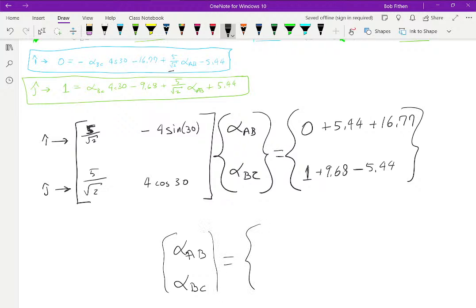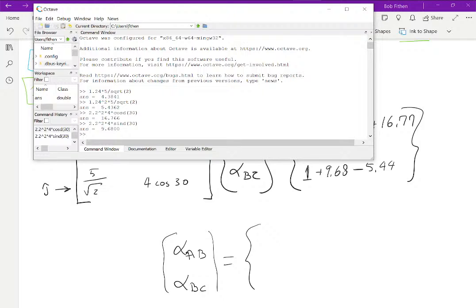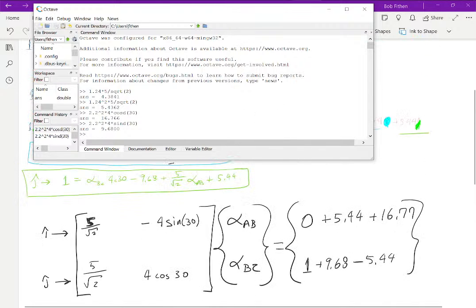Let's do it real quick. Okay, so matrix, call it K, equals 5 divided by square root of 2, and then space minus 4 times sine in degrees of 30. Next line, 5 divided by square root of 2, space 4 times cosine degree of 30.